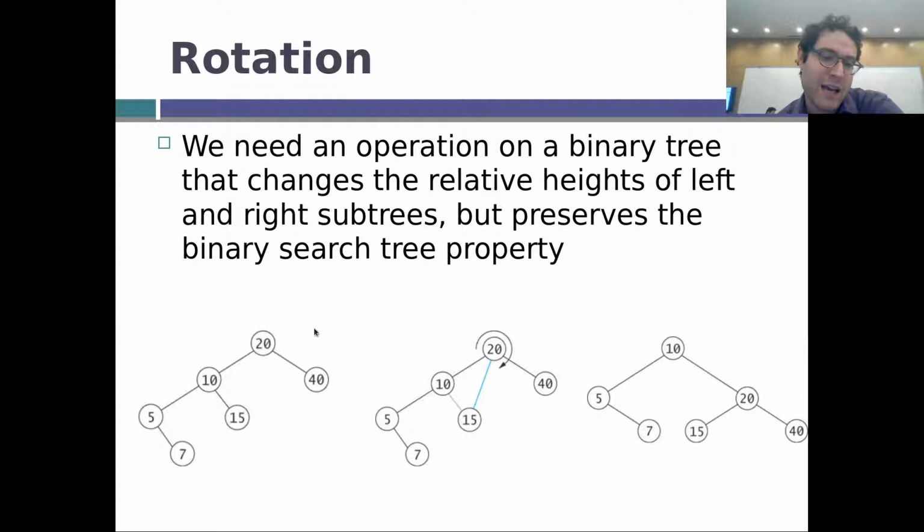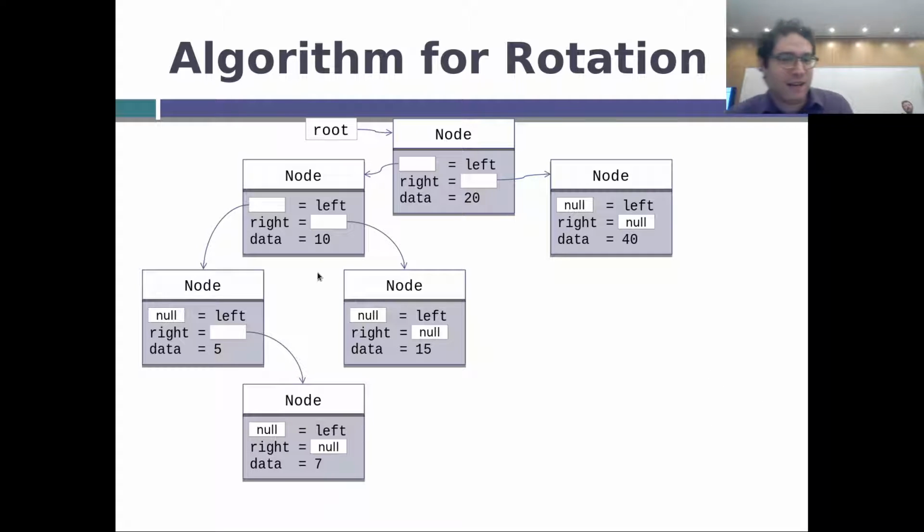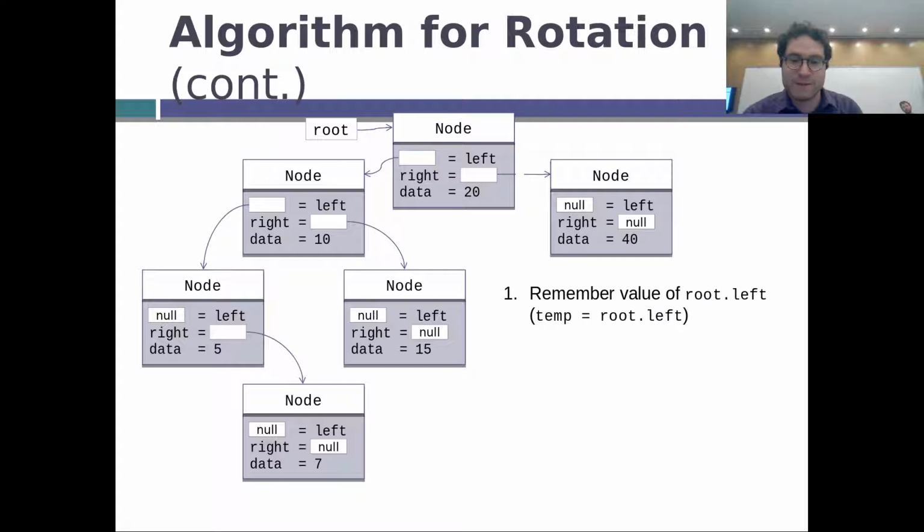Given the root of a tree or subtree, to rotate to the right, you grab your left child's right child, and then make your left child the root. So again, in clear steps, here's the algorithm for rotation.